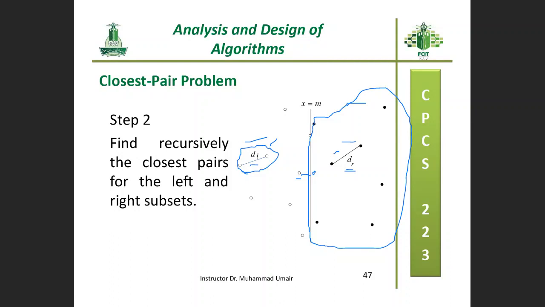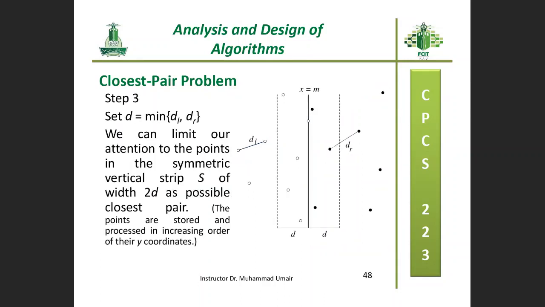So after calculating the smallest distance on the right and on the left, you have to draw a rectangle along the middle line, whose width depends on the smallest distance, and keep on calculating the points that lie within it, which may actually be closer than the distance you have already calculated. Is that clear?